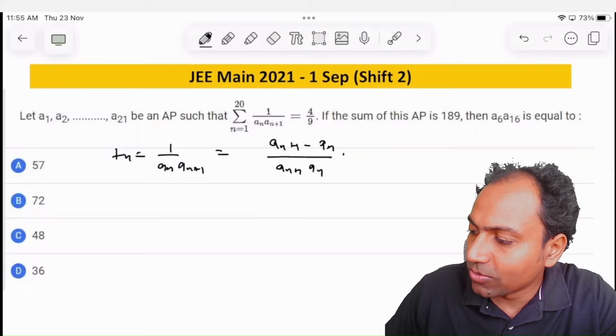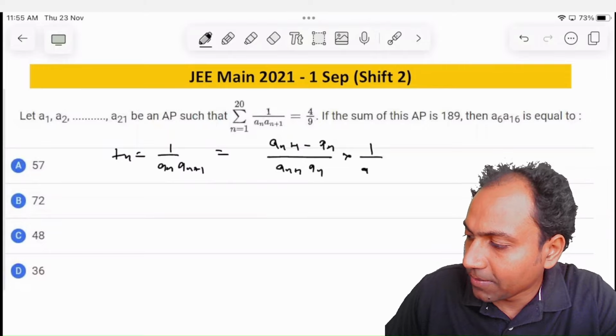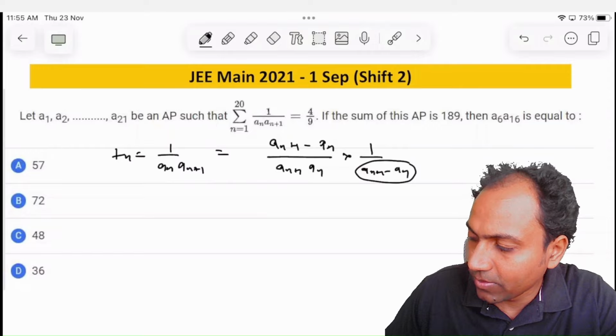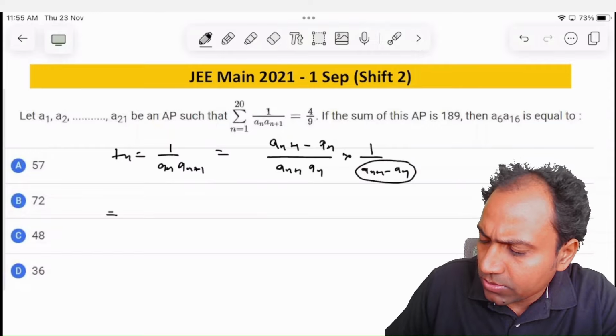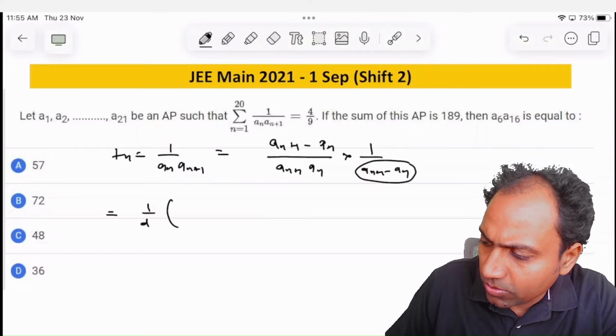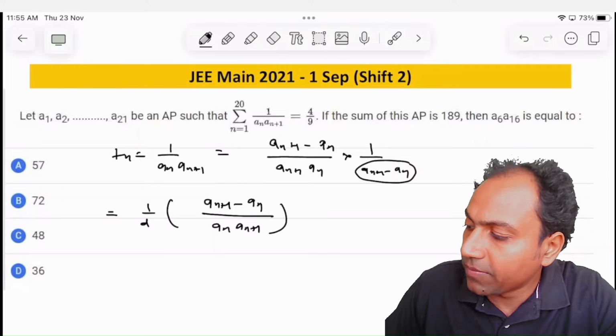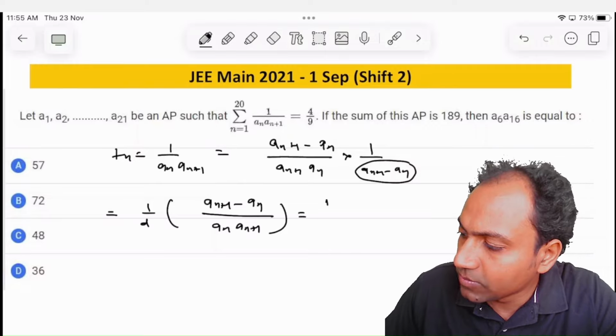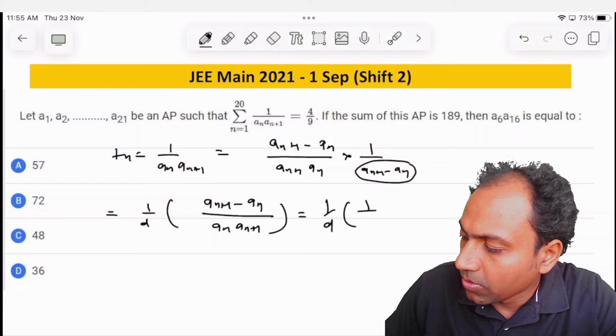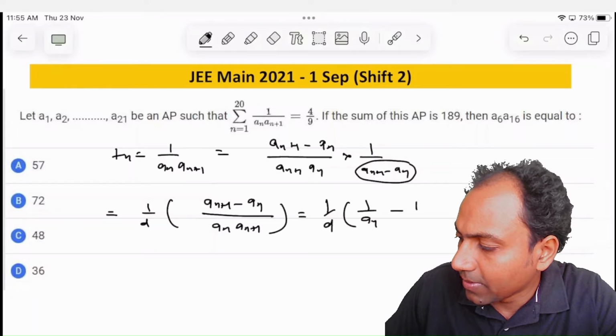So what I can do is multiply by an plus 1 minus an, and this denominator term will become equal to d. So we can write this as d and take it out. It becomes an plus 1 minus an by an into an plus 1. And now if I simplify this, this becomes 1 by d times 1 upon an minus 1 upon an plus 1.